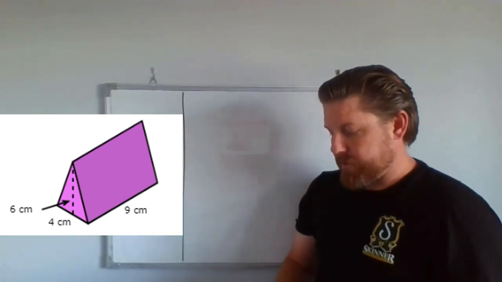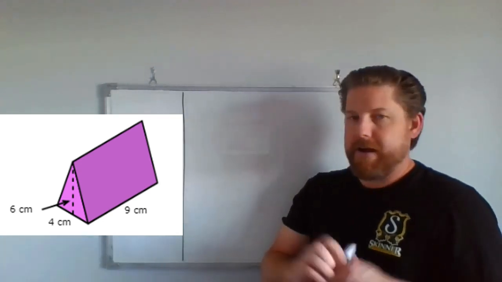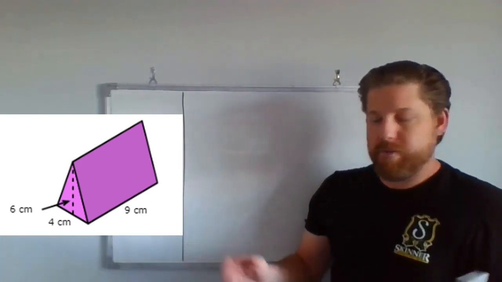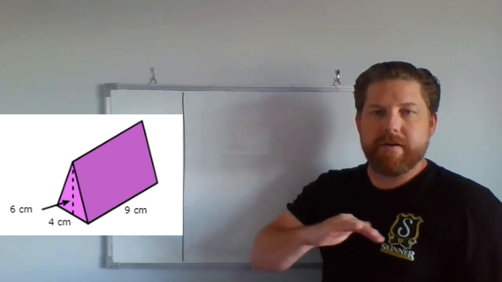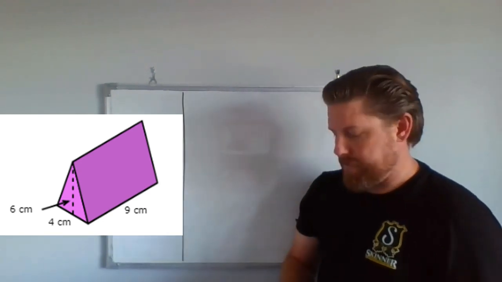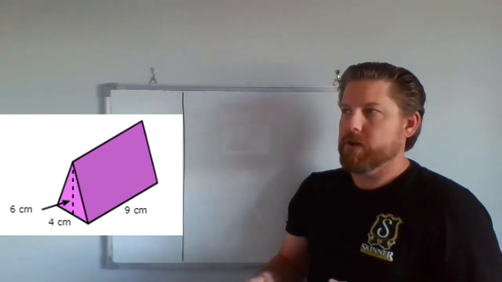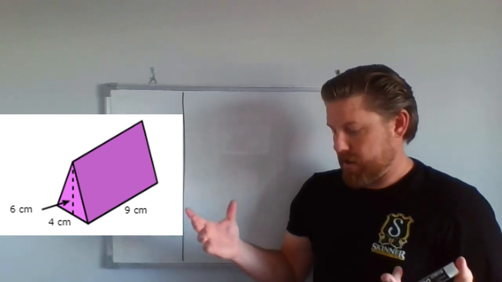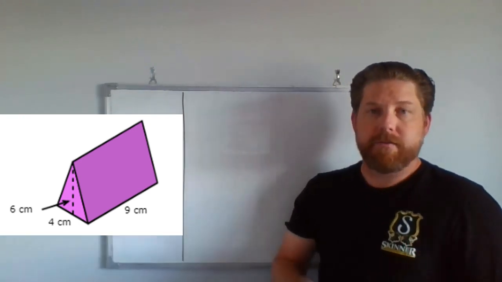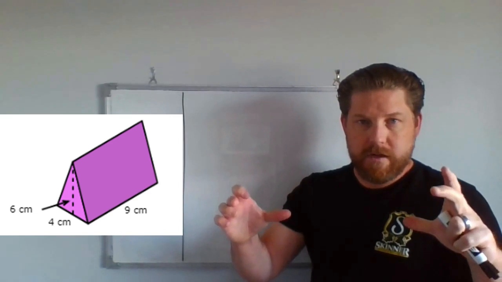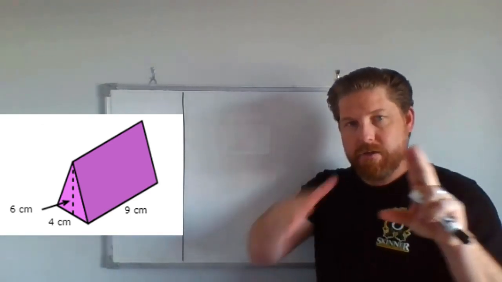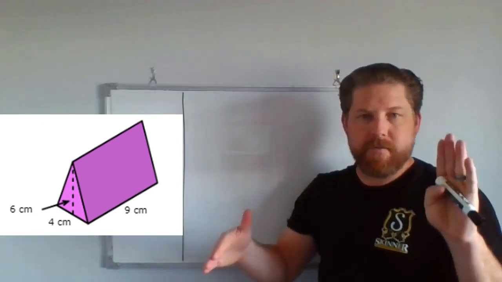And this triangular prism, we're going to find the volume the same as a rectangular prism. Just at the end, we're going to divide it by 2. Okay, and that really ties into, when you're finding the area of a triangle, you basically find the area of a rectangle, and then you cut it in half, because a triangle is half of a rectangle.